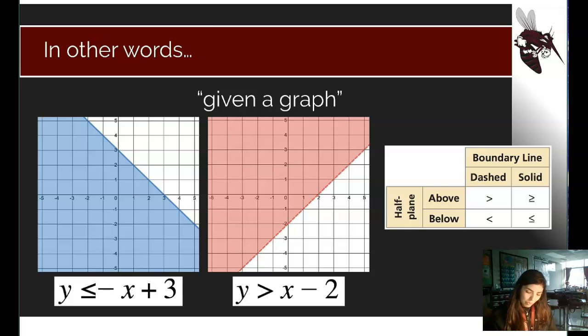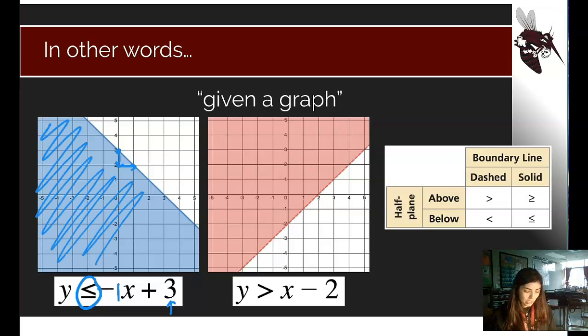Now, we've done this for you, but if you notice, this graph starts at 3, the y-intercept, so that's why there's a 3 right here, and it has a slope of going down 1 over 1. So it has a -1 slope. Perfect. That's writing an equation. But instead of putting an equal sign right here, we have this symbol, because it is not just a single line that provides our solutions.